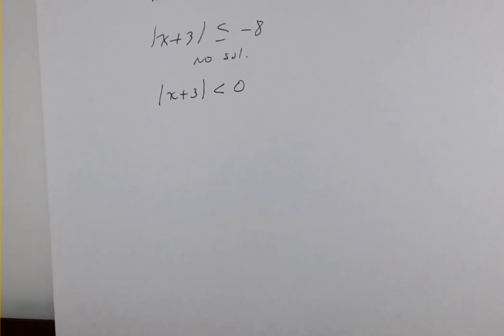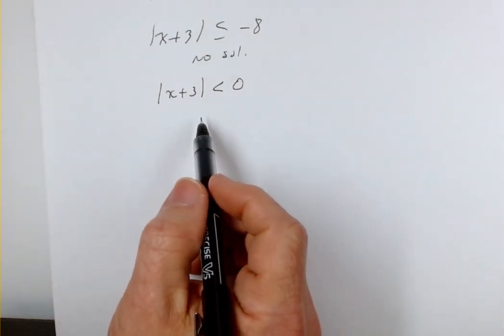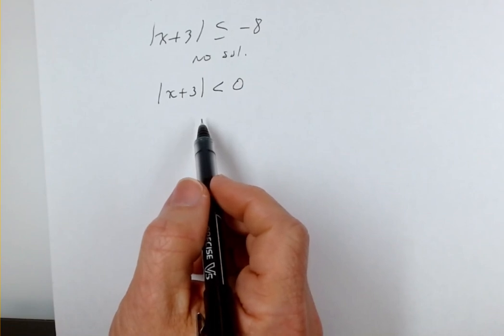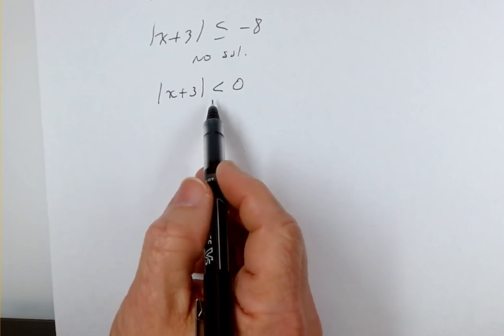Because it's 0, right? You said it has to be positive or 0. The absolute value of a number is always positive or 0, that's true. But then we have to look at the sign. You mean the inequality symbol? Okay, what about it? That's less than. I have to get that right.